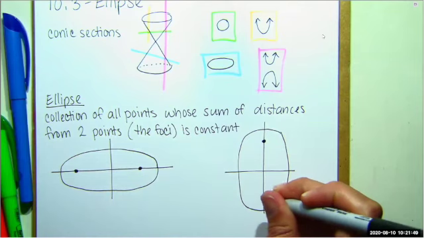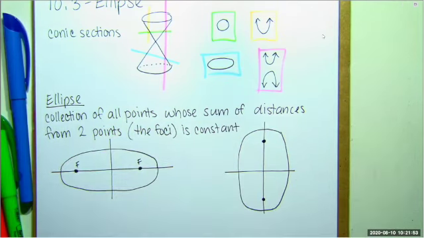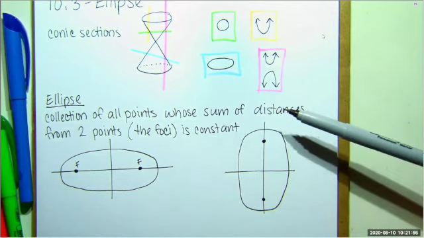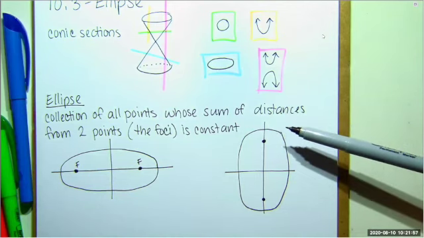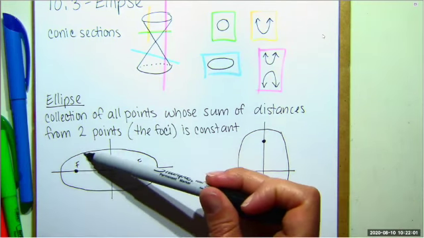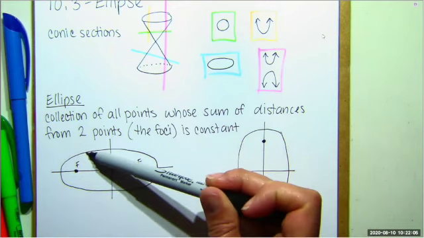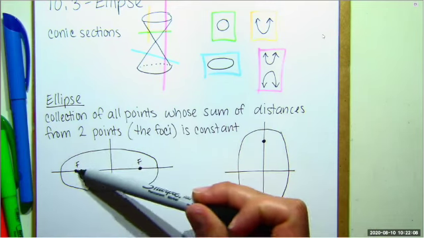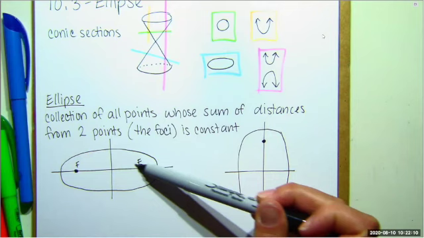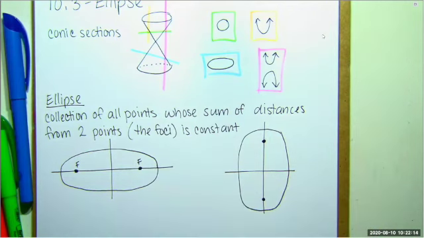Looks something about like this. Okay, so our definition is it's the collection of all points whose sum of distances from 2 points is constant. So if we took any point out here and measured the distance from both foci out to this point, it will be the same as the distance from both foci out to this point or out to this point. So the sum of distances is going to be constant.